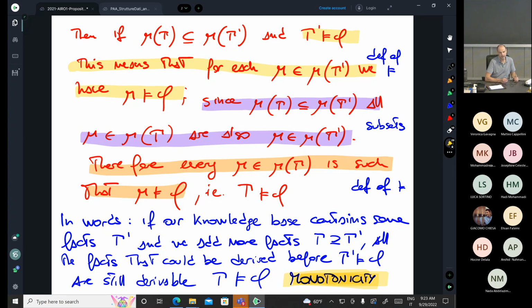The agent might know the fact that all birds fly. Then you get to know about penguins, but penguins do not fly. And this breaks monotonicity because you're adding a new fact to your knowledge base and it doesn't work that way.